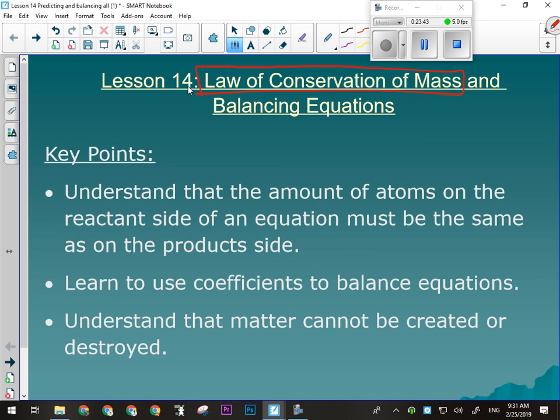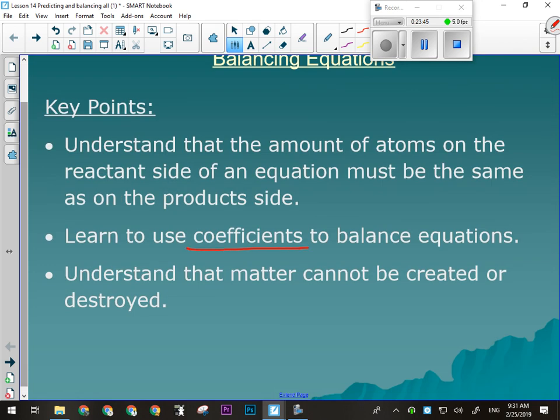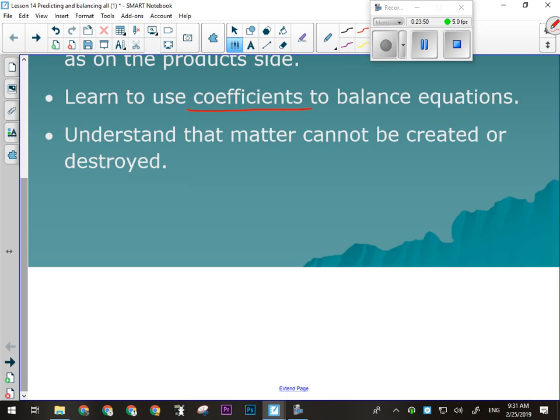We obviously use coefficients to balance the reaction. That is those big numbers that we write in, because if we have a reaction that looks like this one, because we did this one earlier, when I go through to balance this reaction, I don't change these little numbers.